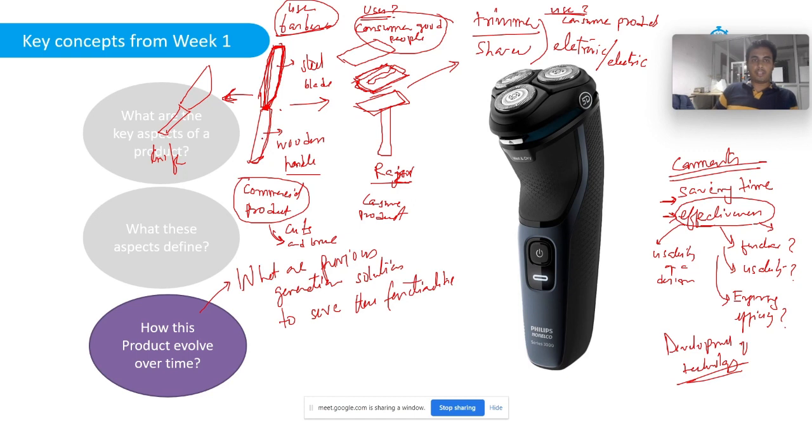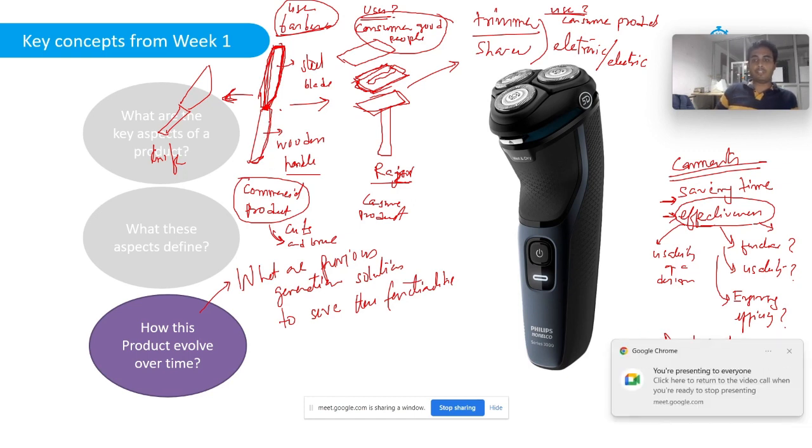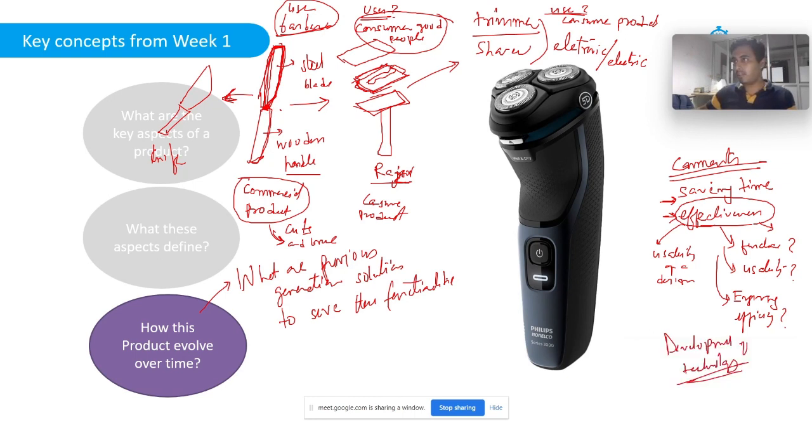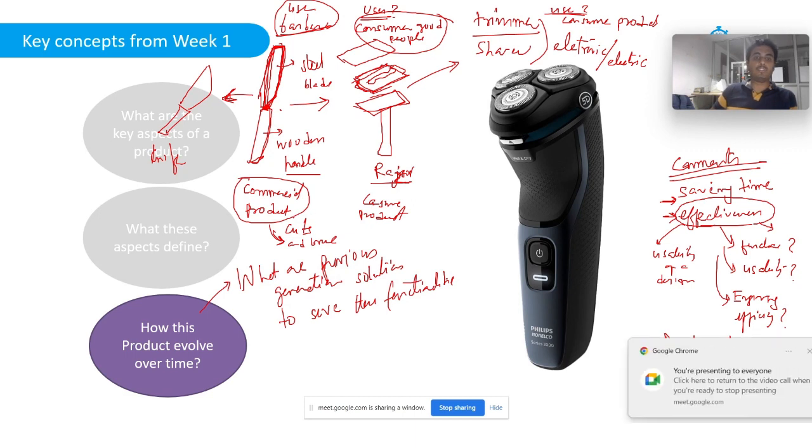See, the limitation with a blade and this little handle blade which is used in barber shops is that there can be cuts and bruises because there is some sort of skill dependency.